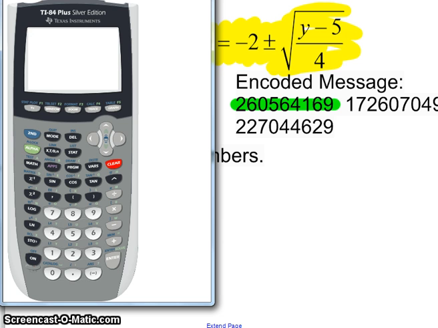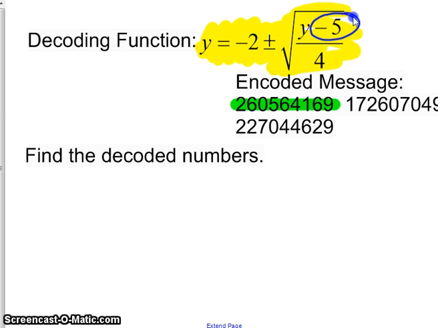All right, and I'm going to do these operations that are in the decoding function one at a time. So the first thing that's happening here is I'm going to subtract 5 from that number.